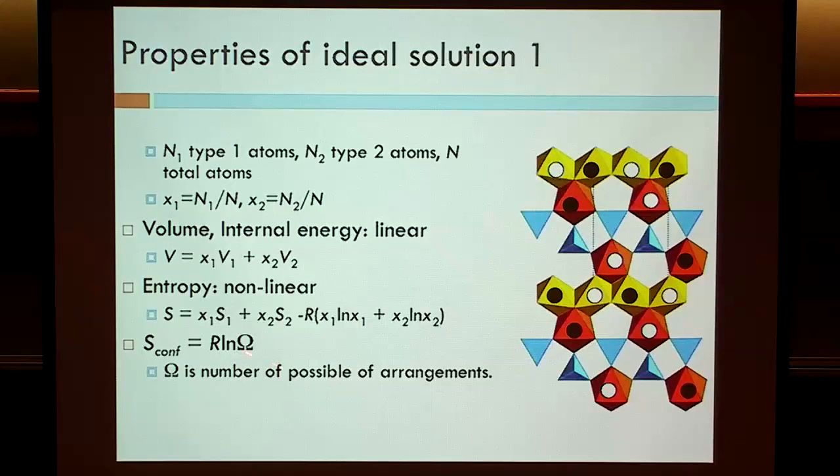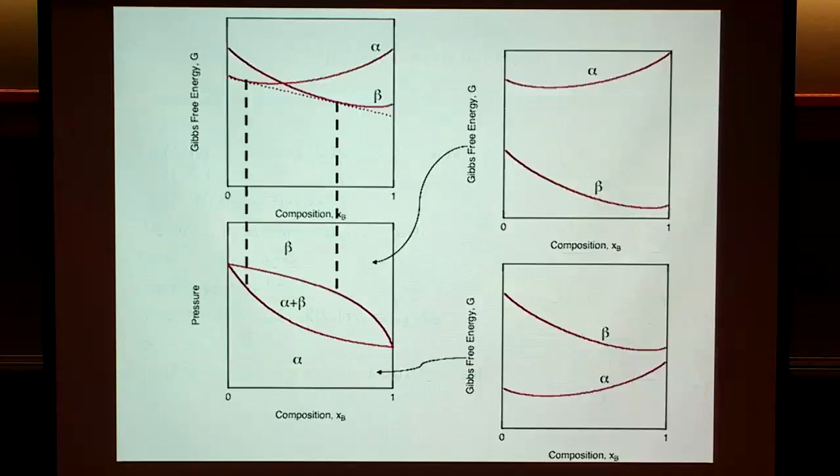Then you use the Boltzmann formula to figure out the additional contribution to the entropy due to that magnesium-iron disorder. The entropy ends up depending nonlinearly on composition. So if you look at the Gibbs free energy of a phase as a function of composition, say for forsterite here, it ends up having this curvy shape to it. And that's because of this entropy of mixing.